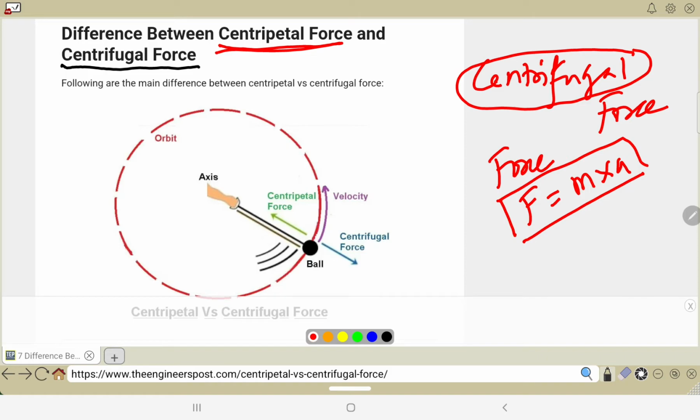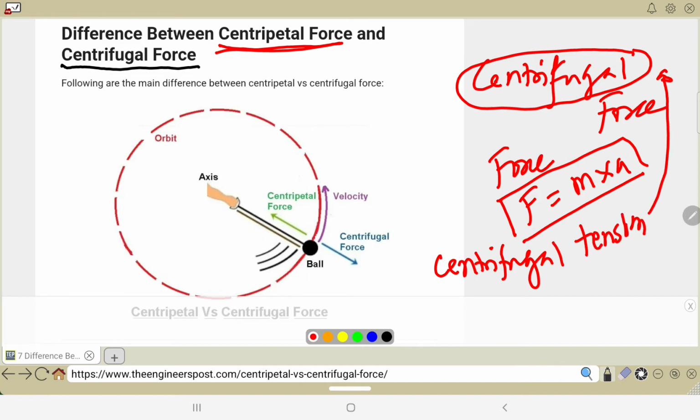As we know, in case of belt drives, the two pulleys, the driving pulley and the driven pulley, are rotating continuously because of the movement of the belt. In that rotation of these pulleys, some kind of centrifugal tension is created, and this centrifugal tension creates the centrifugal force.